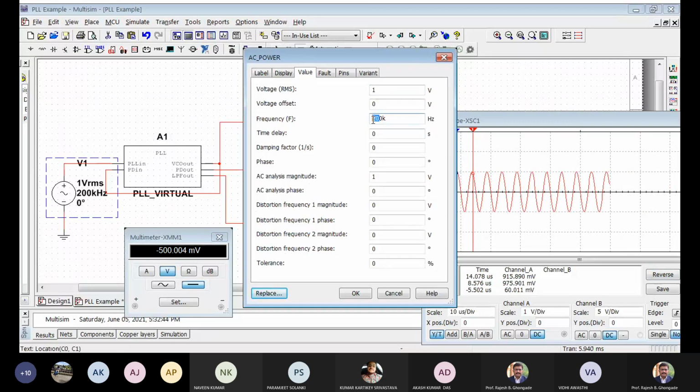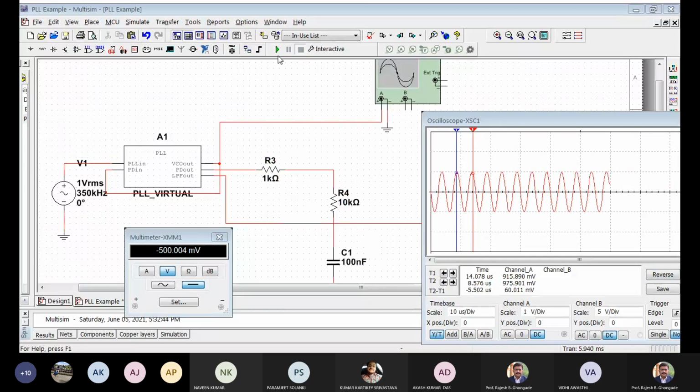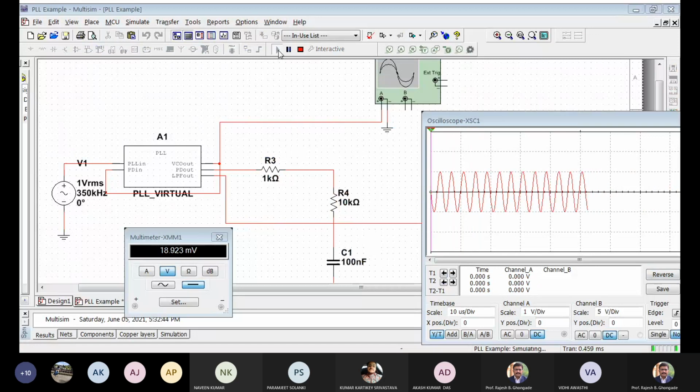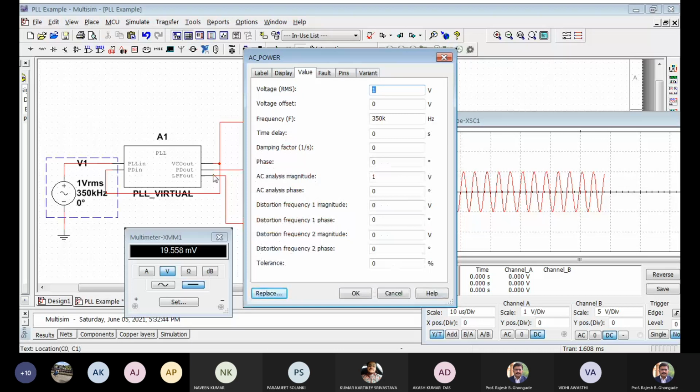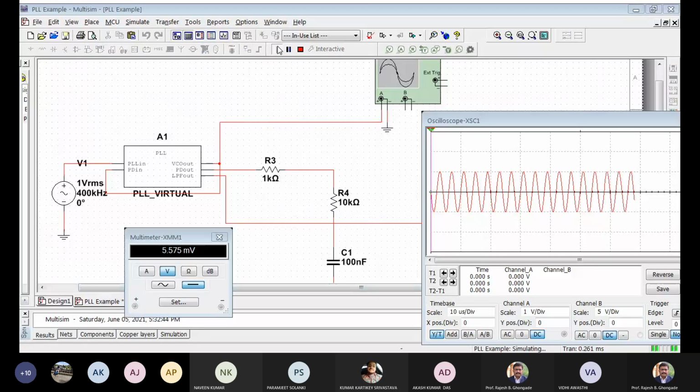Let us take it back to 350. So you can see the change here. Let us take it to 400. You see the changes there.